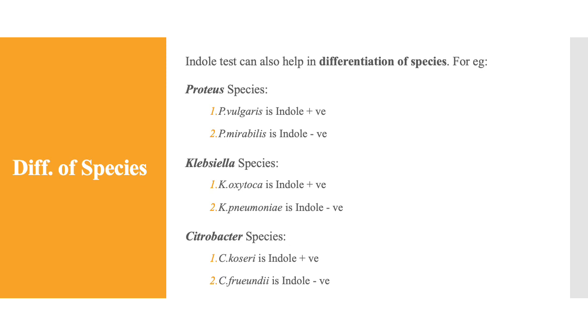Also, in the genus Klebsiella, Klebsiella oxytoca gives indole test positive, whereas Klebsiella pneumoniae gives indole test negative. So also in the genus Citrobacter, Citrobacter koseri is indole positive, whereas Citrobacter freundii is indole negative. So this is how the indole production test is very helpful in the differentiation of various species among the genera.